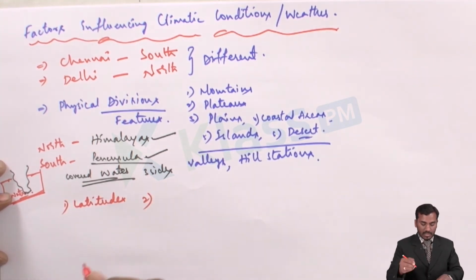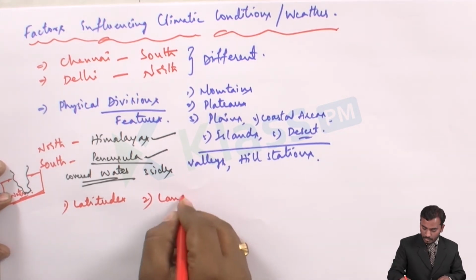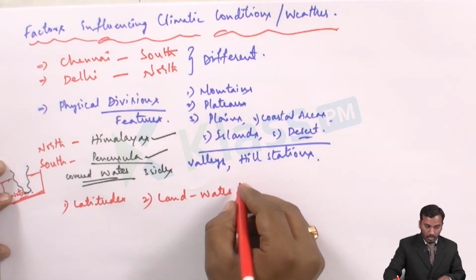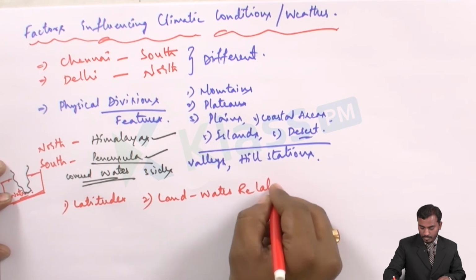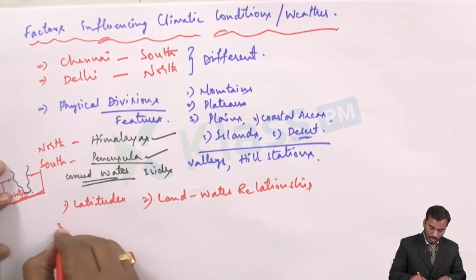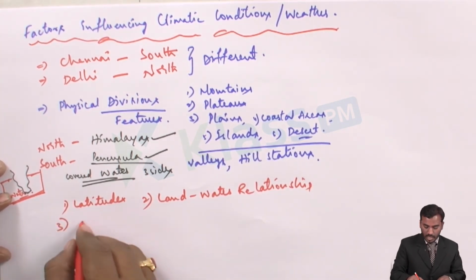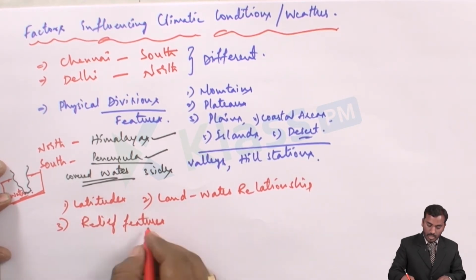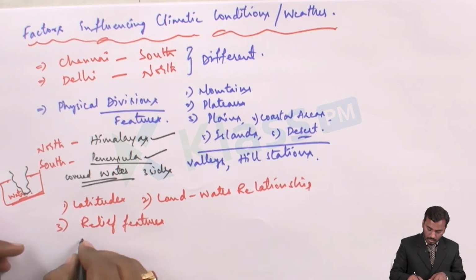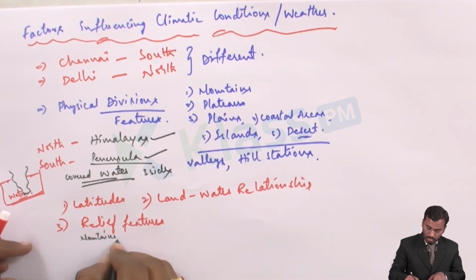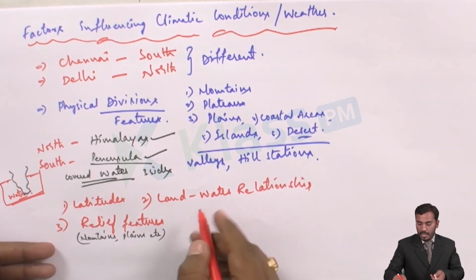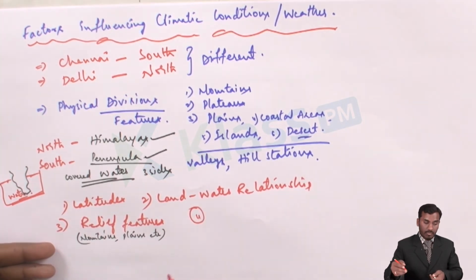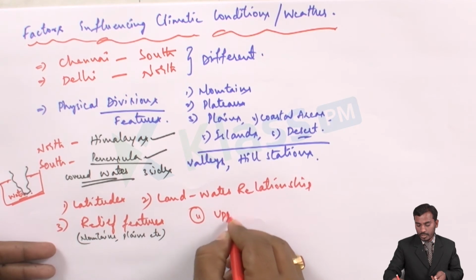The second thing is land water relationship, and the third one is relief features. What are these relief features again? Like mountains, plains, etc.